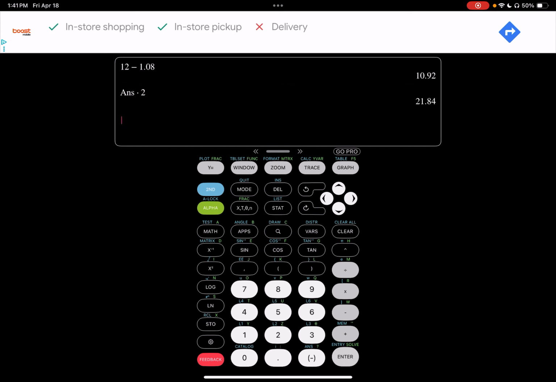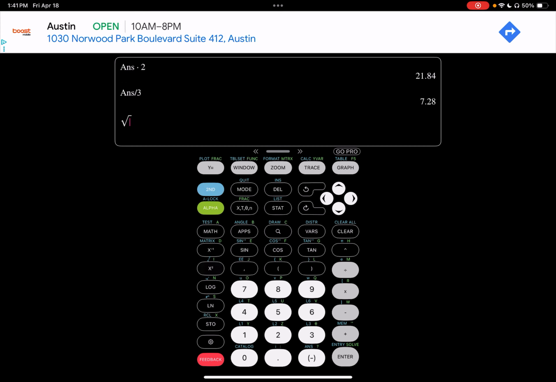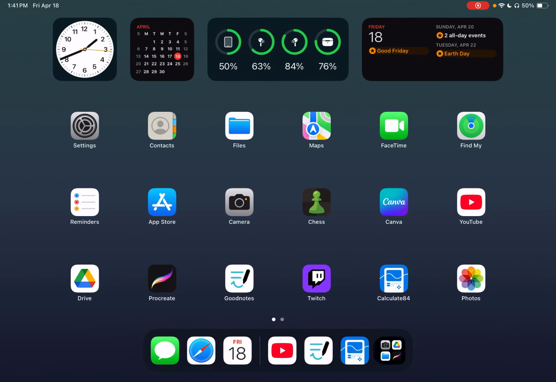Times 2 divided by 3, square root, 2.7. Sounds good to me.